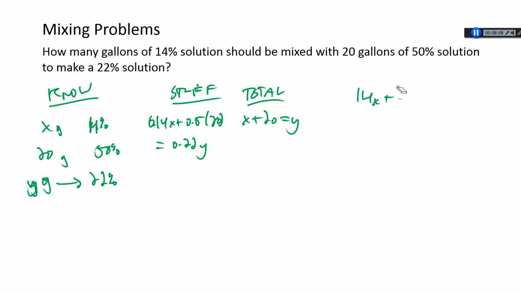So we have 14x plus 1,000 equal to 0.22y, and multiplying by 100, we have 22y. And the other one, we have x plus 20 equals y.